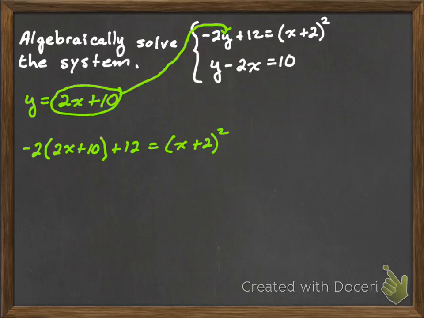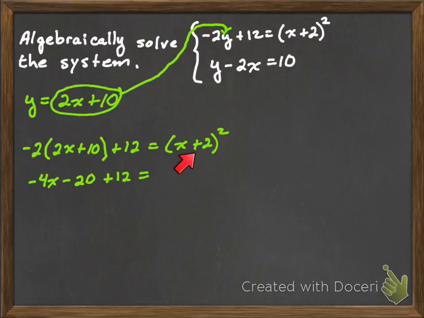So step 3, we need to solve for x, but we need to distribute everywhere first. So here we need to distribute the negative 2 to both terms, which will give you negative 4x minus 20 plus 12. Over here we need to distribute.